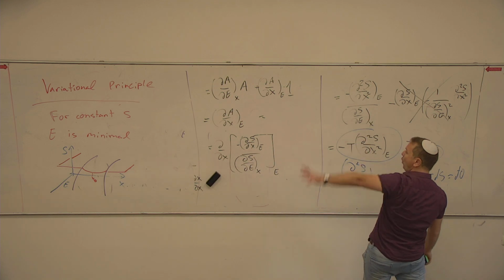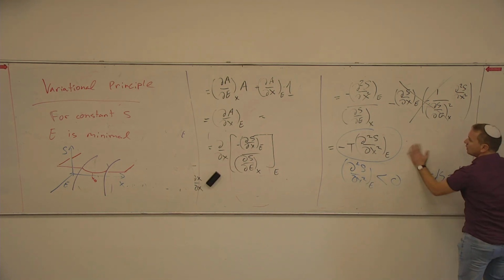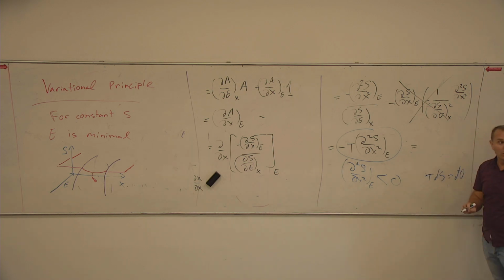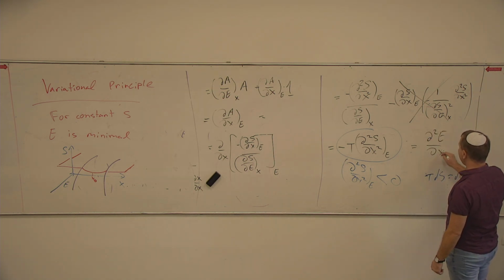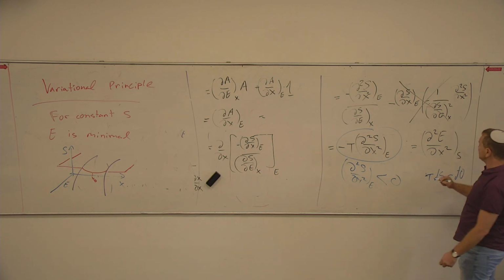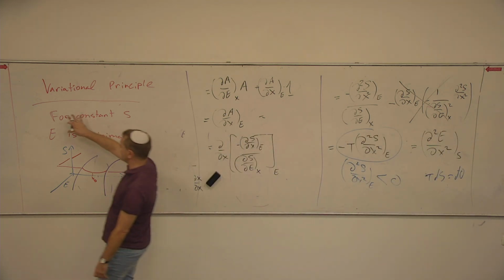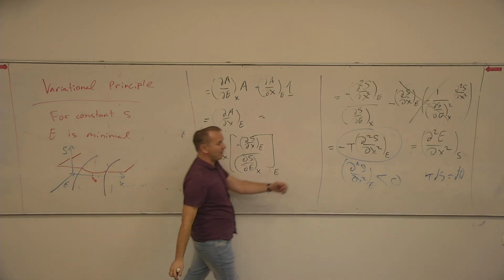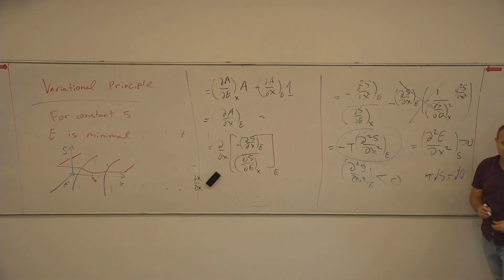What I started from was d squared E over dx squared at constant S. I had a bunch of equations that started over here. I did all of that and I managed to obtain that the second derivative is greater than 0. That's all. Any other questions?